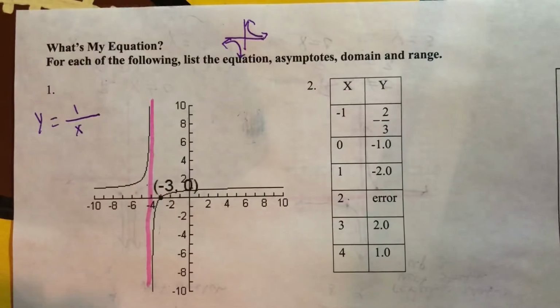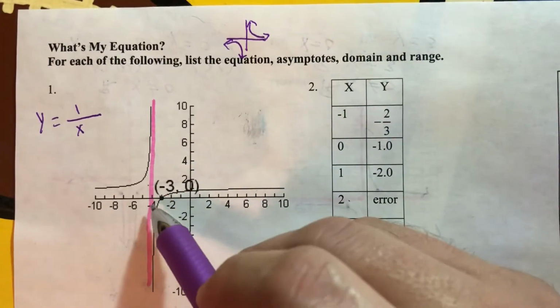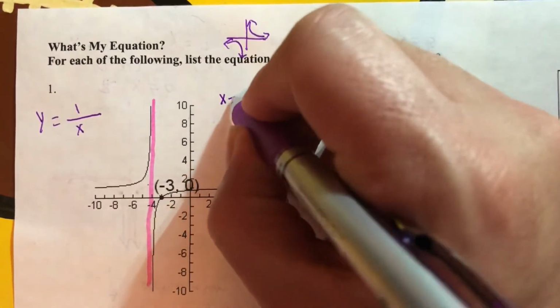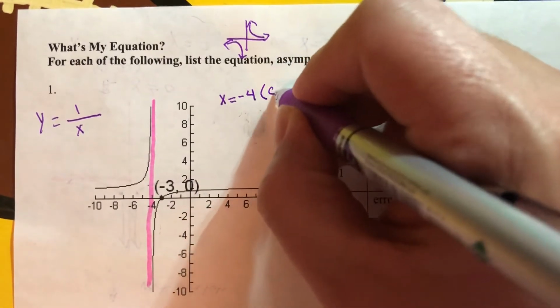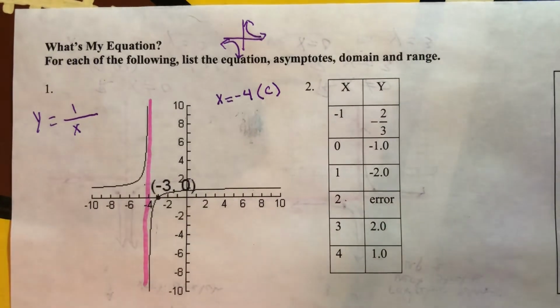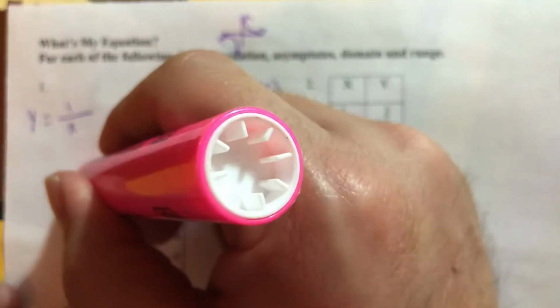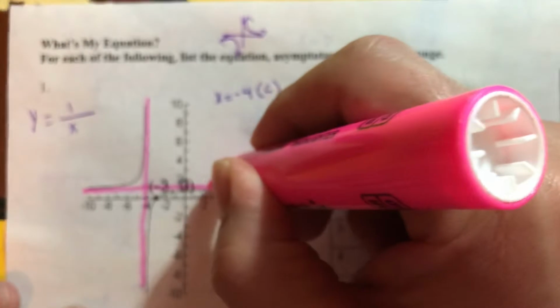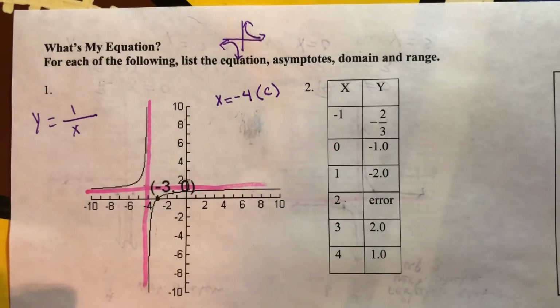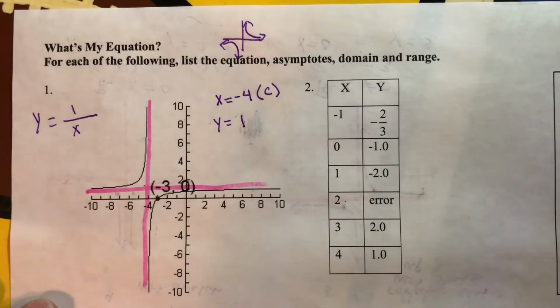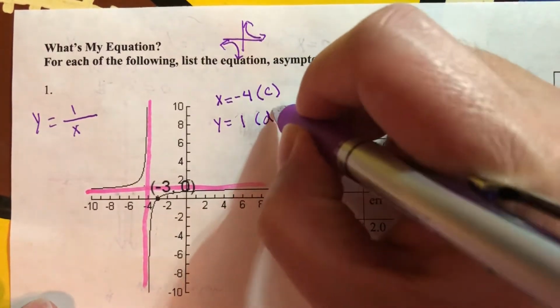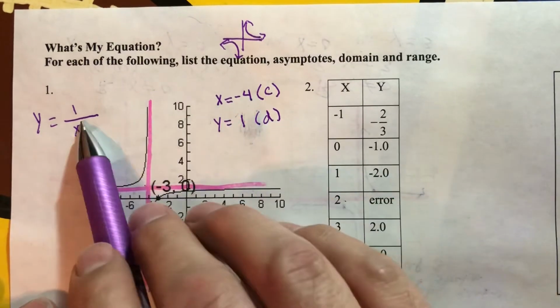So right here, my VA intersects the x-axis at -4. So this is the C value. Okay, and then my HA intersects the y-axis. It looks at +1. So y is equal to +1. So that's the D value, and all I do is I plug that into these equations. So I have a +4 here and a +1 there.